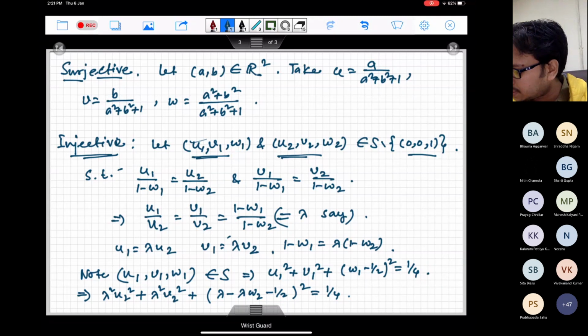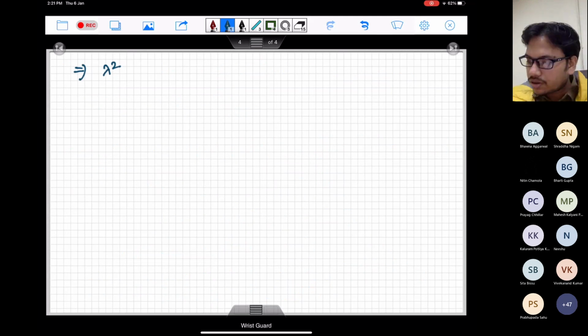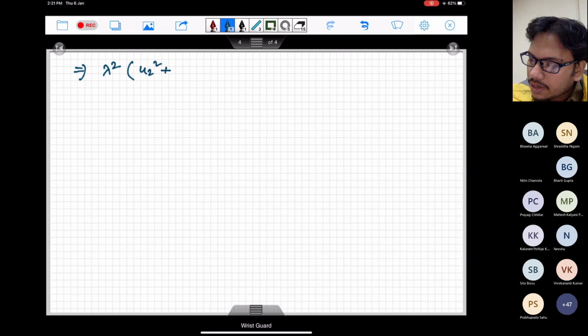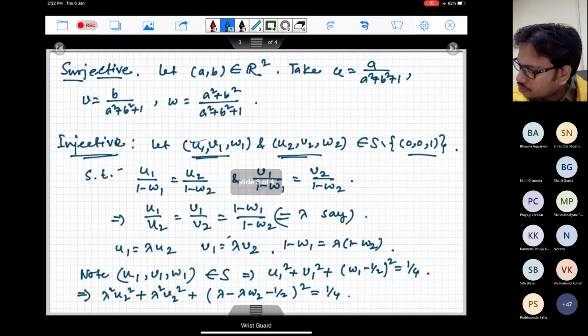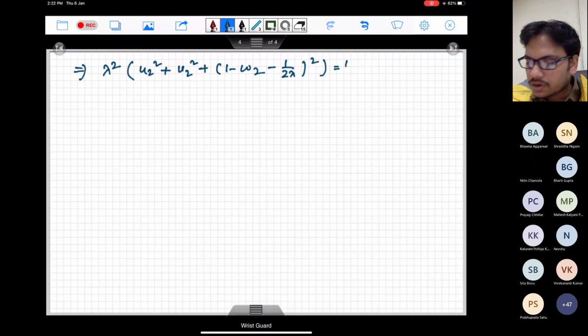Okay, great. Now let us try to take lambda out of the picture. If I take lambda square common, I get lambda square times u2 square plus v2 square plus 1 minus w2 minus 1 by 2 lambda whole square is equal to 1 over 4.